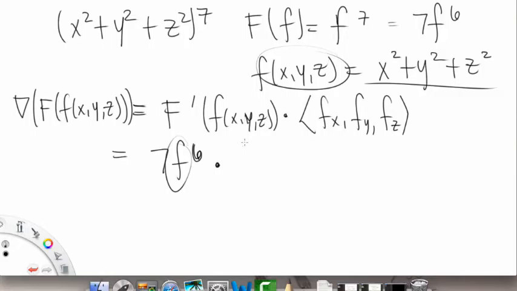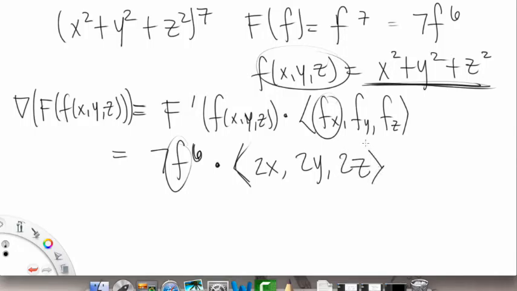Then we have that multiplied times f sub x, the partial derivative of this function with respect to x, which is just going to be a 2x because the y's and z's go away, since those are considered constants when we're looking at it with respect to x. The next term would be a 2y, and the last component would be a 2z. So there's some symmetry going on there.